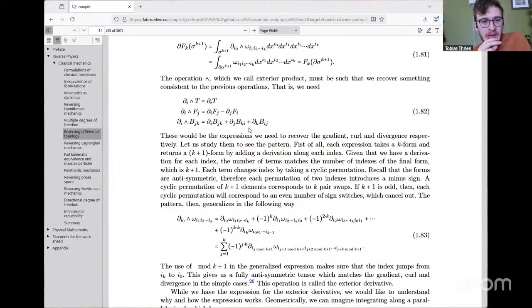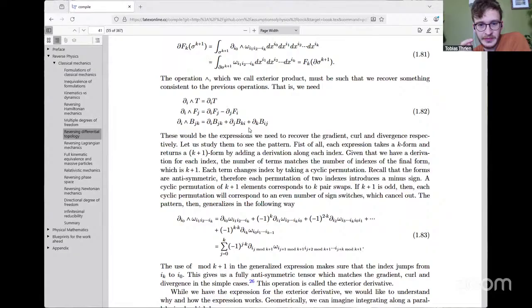These would be the expressions we need to recover the gradient, curl, and divergence, respectively. Let us study them to see the pattern. First of all, each expression takes a k-form and returns a k plus 1 form by adding a derivative along each index.